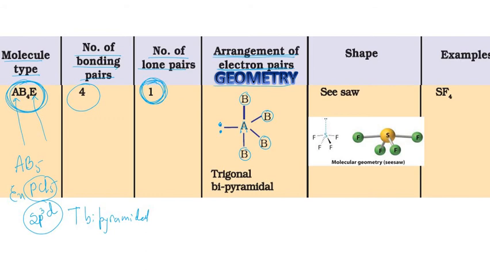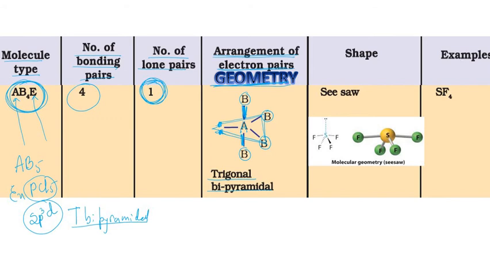If I join this, it becomes triangular in nature, with one axial bond above and the other axial bond below. If I consider this lone pair as one bond, it would be trigonal bipyramidal. So here also it is trigonal bipyramidal, because we are learning the geometry with inclusion of bond pairs as well as lone pairs.